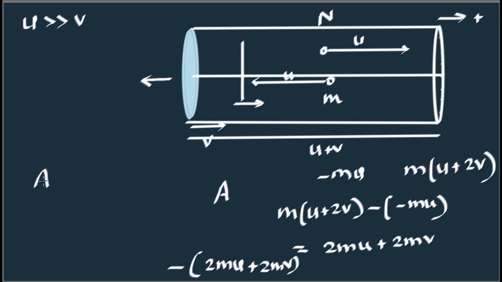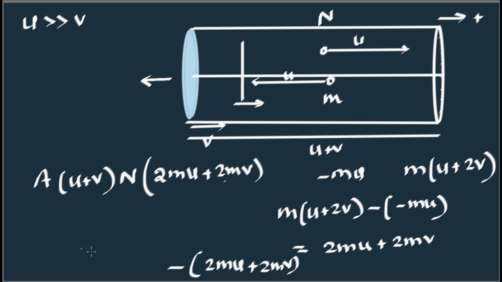It's going to be cross-section area A multiplied by u plus v, that's the volume, times n gives me the number of molecules which collide with the disk in 1 second, and each one delivers a momentum to the left of 2mu plus 2mv. So we get the beautiful result that the force to the left due to collisions is going to be 2mAn(u plus v) the whole squared.